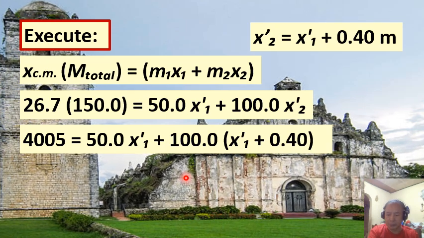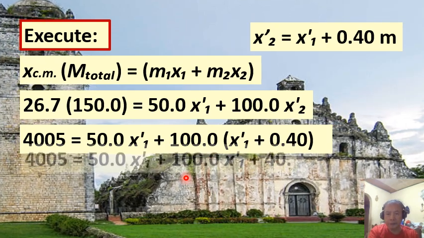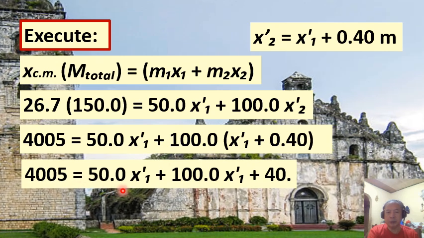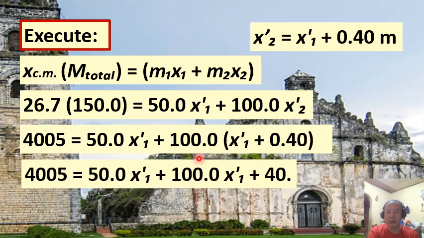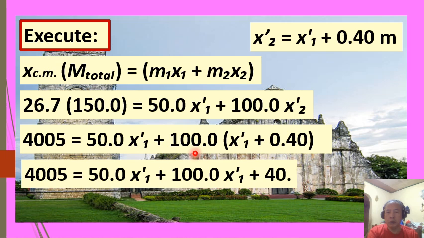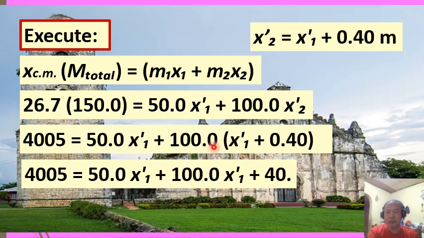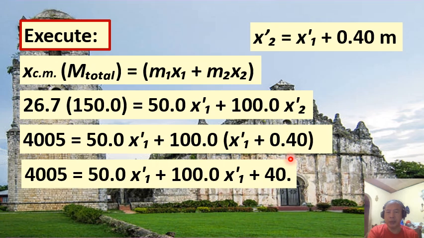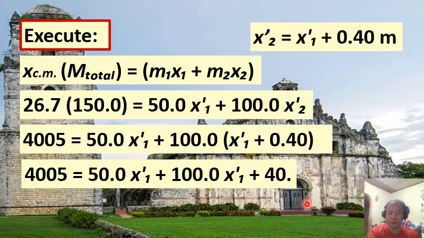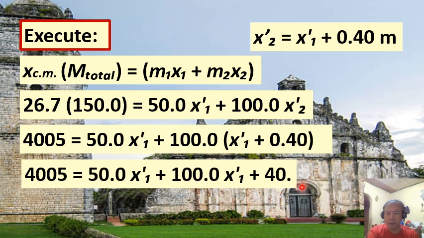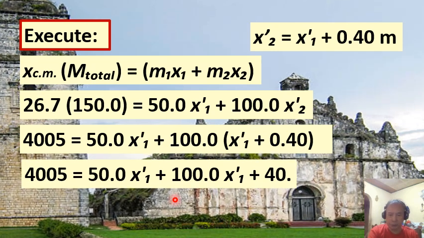So doing our math, we get 4005 equals 50.0 x prime 1 plus the product of 100.0 and x prime 1 plus the product of 100.0 and 0.40, which becomes 40.0.